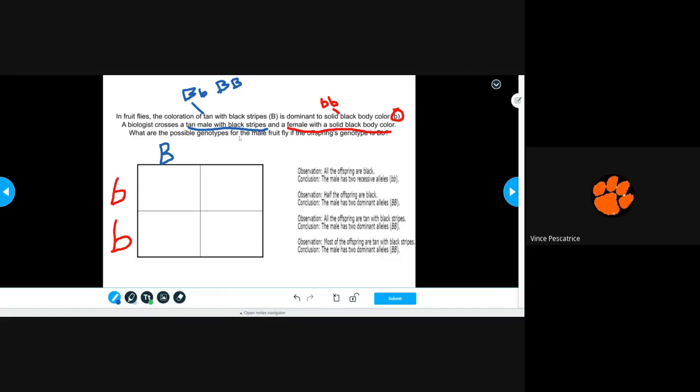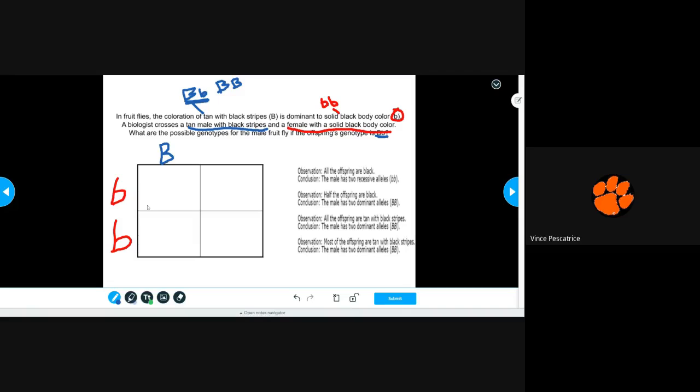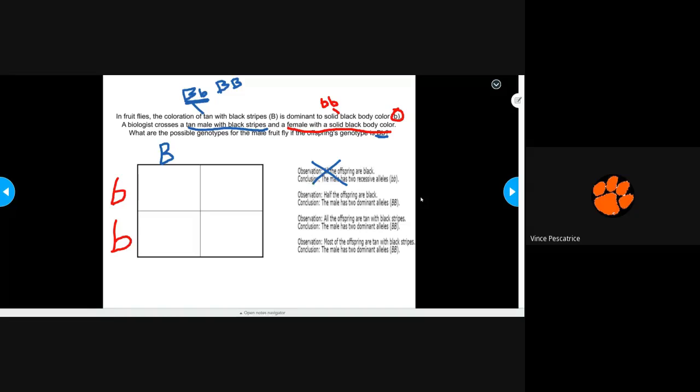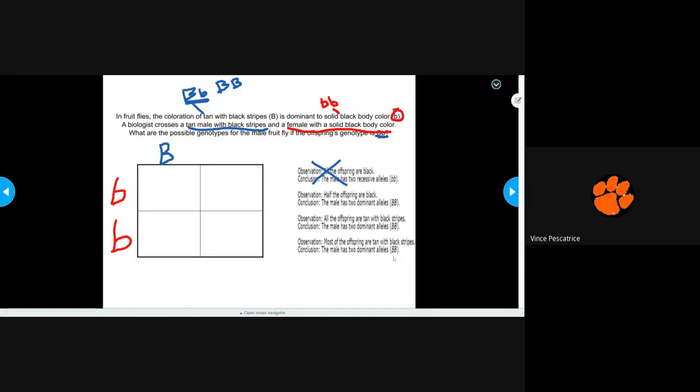So what are the possible genotypes for the male fruit fly if the offspring was this? So we know that the offspring is going to be heterozygous. All right, so we know it cannot be A. Now we're looking at, in each one of these, the male has two dominant alleles.